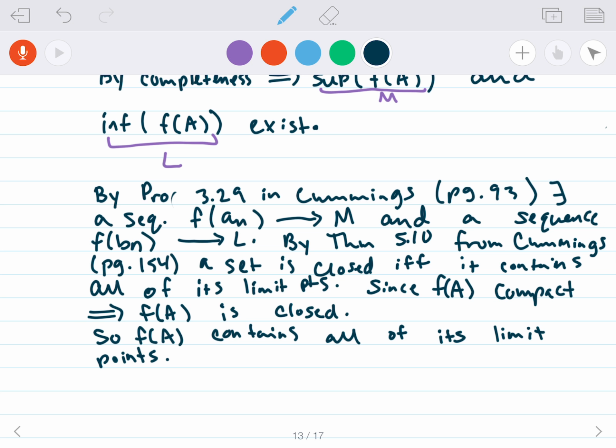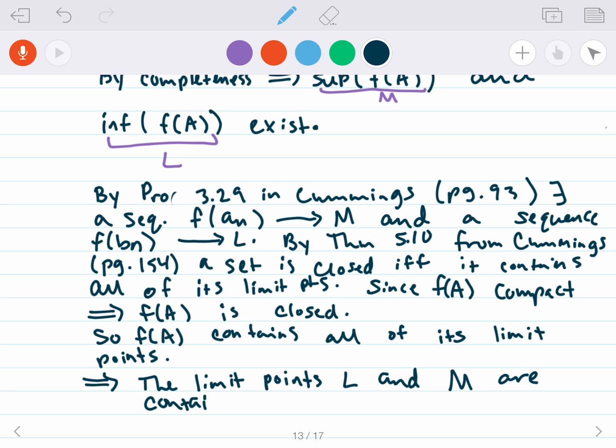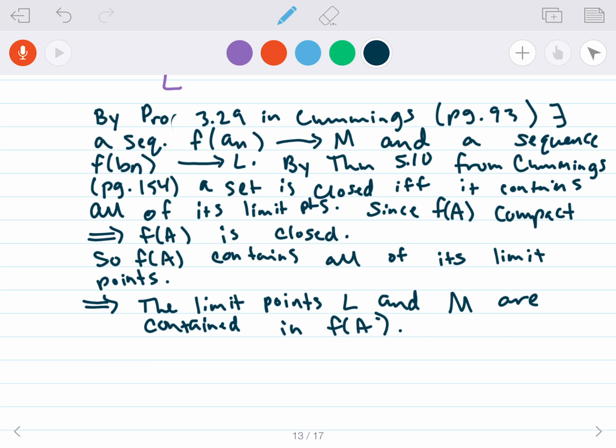So the image contains L and M. So what does it mean for L and M to be in the image? That means that there's something in the pre-image so that when you apply f to it, you get L and M. So that's exactly what we're trying to show.